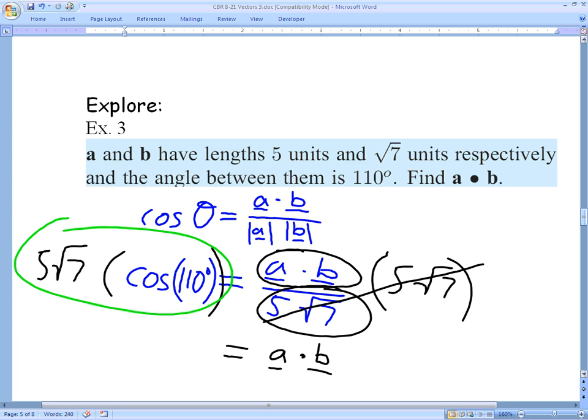And we've got 5 times square root 7 times cosine of 110. And I get an answer of negative 4.52. And it is totally possible to have a negative dot product.